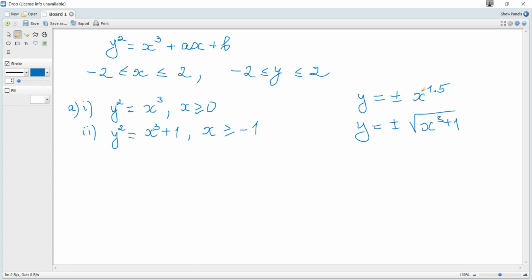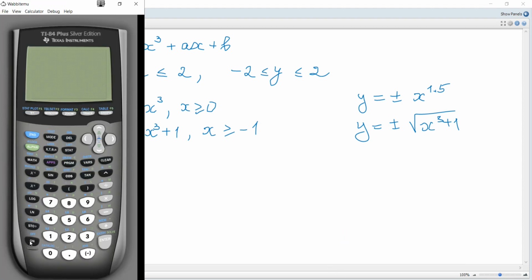Plus means a curve is above the x-axis, minus means it's below the x-axis, and these curves will be symmetrical about the x-axis.